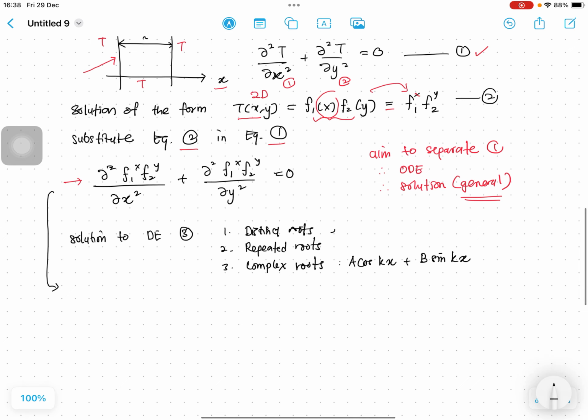The first term is the change with respect to x, and the other is with respect to the change of y. So function f2 is something like a constant. So you have f2(y) times the second derivative of f1(x), plus f1(x) times the second derivative of f2(y), equals 0.